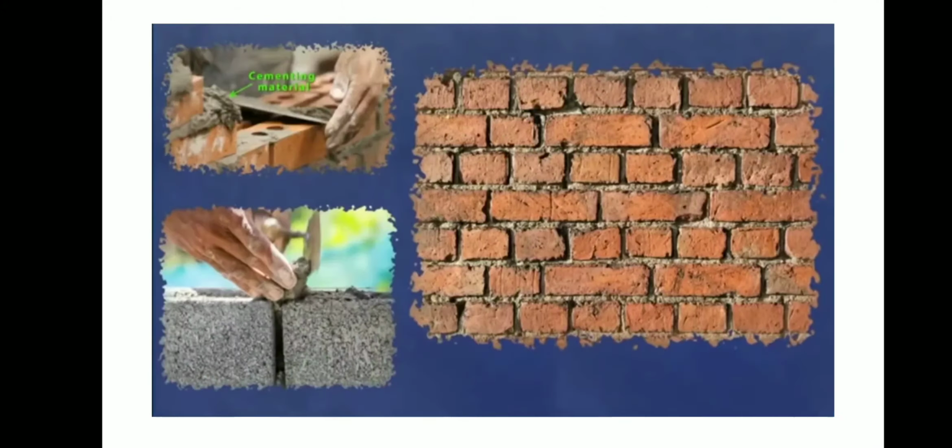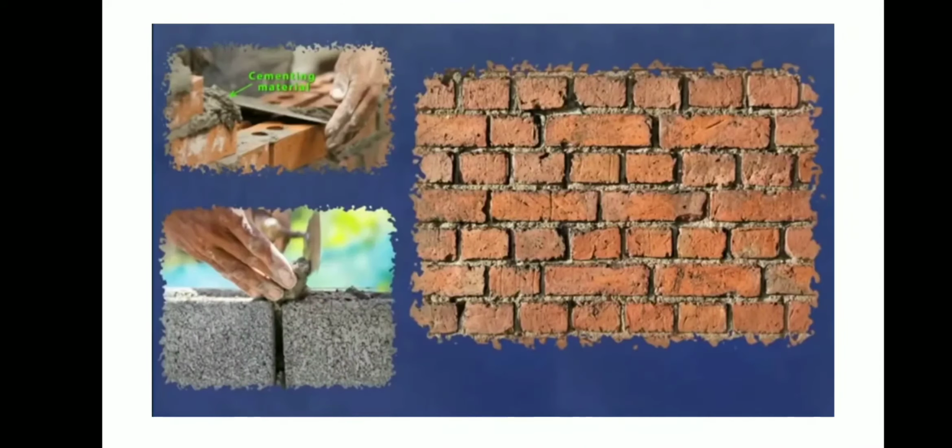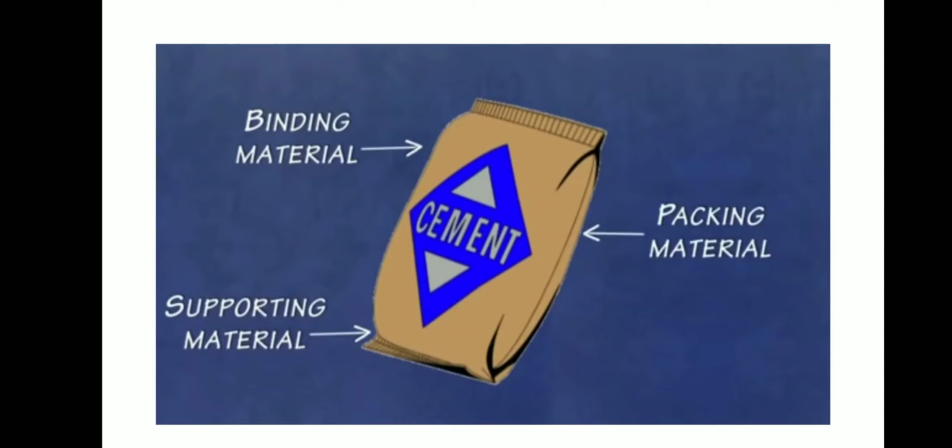So I need some material which is hard enough, which could paste or make the wall strong. So the material cement is required for me. So the cement acts as a binding material, supporting and packing material.